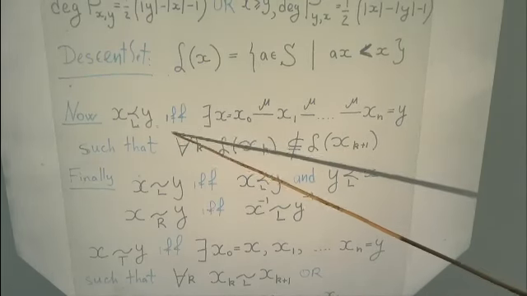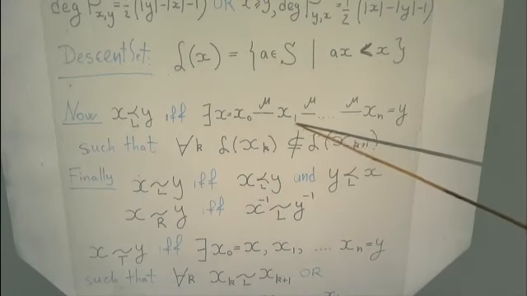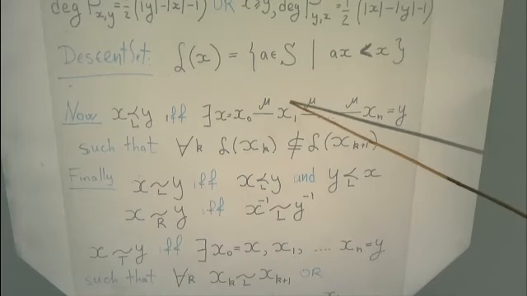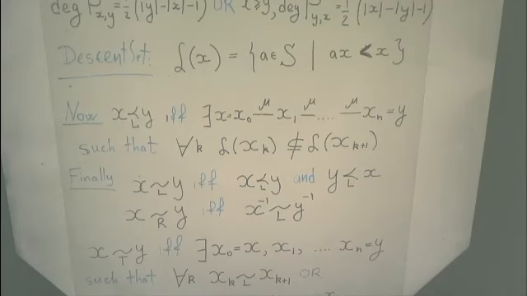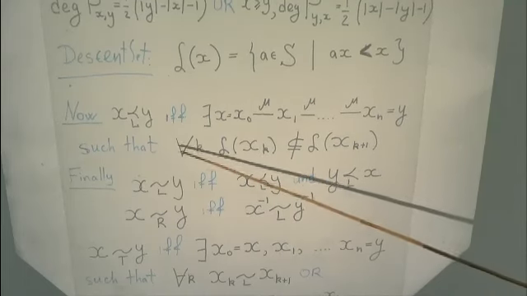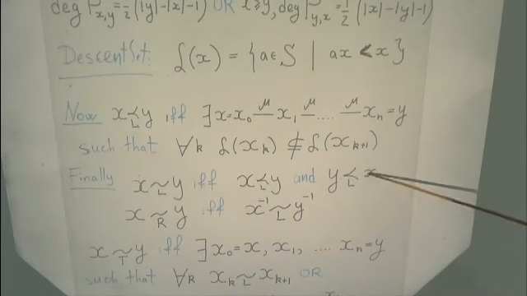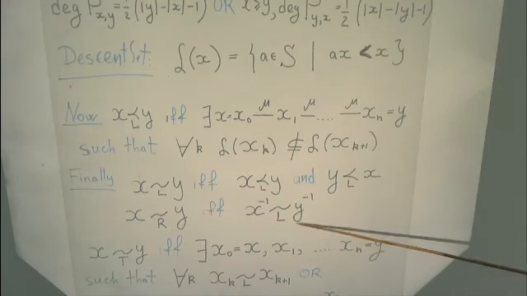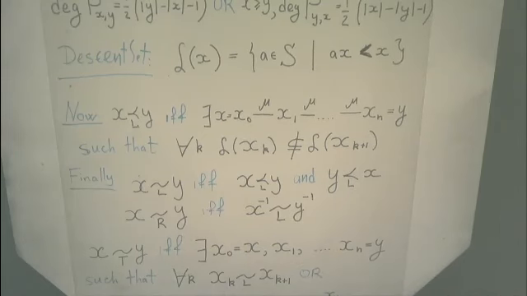We say x is less or equal than y in the Kazhdan-Lusztig preorder if there exists a chain of mu relations going from x to y, such that for every k in this chain, we have this non-containment of descent sets. And the rest of it is actually quite easy. Then you say that x is equivalent to y if x is less or equal than y and y is less or equal than x. The right one is left equivalence on the inverses, and the two-sided one is some kind of join, an equivalence relation generated by left and right.